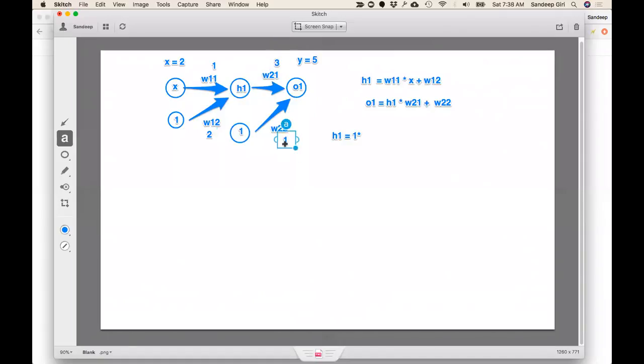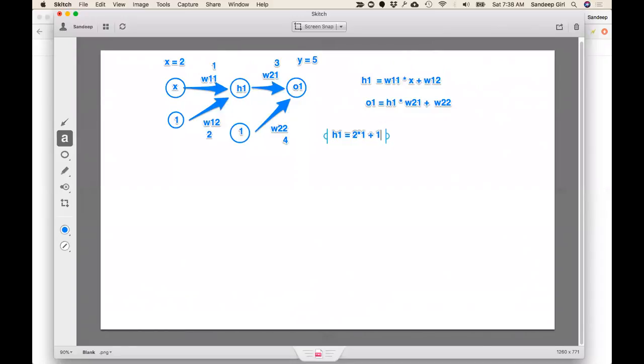Then it'll make more sense, otherwise the results will look too ugly. So H1 is going to be X into W11, which is 2 into 1 plus, please help me in calculation, all of you. So H1 is 2 into 1 plus 2 into 1, correct?